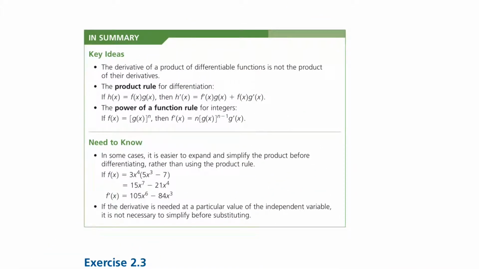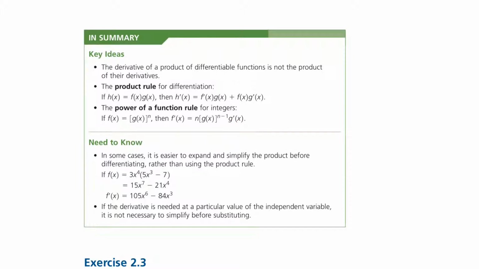Let's recap. The product rule, derivative of h of x equals f of x times g of x is h prime of x equals f prime of x g of x plus f of x g prime of x. Power rule, derivative of g of x to the power of n is n g of x to the power of n minus 1 times g prime of x.